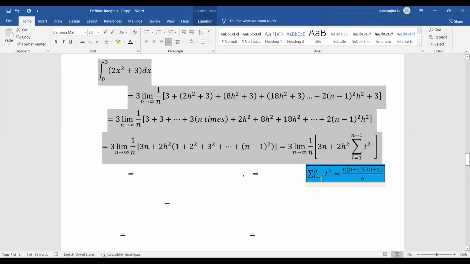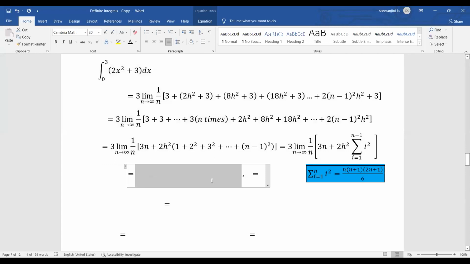And we know that the sum of squares of the first n natural numbers, sigma i equal to 1 to n, i square, is equal to n into n plus 1 into 2n plus 1 by 6. Here it is 3 into limit n tends to infinity, 1 by n, 3n plus 2h square into sigma i varies from 1 to n minus 1, i square, because we have 1 to n minus 1 squares.